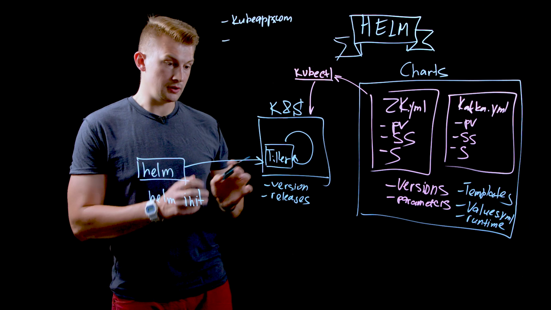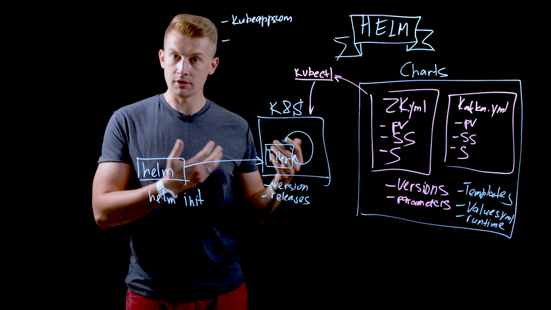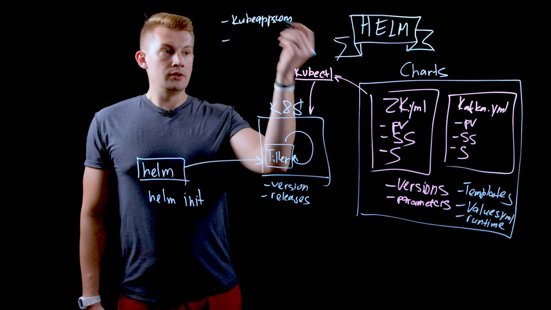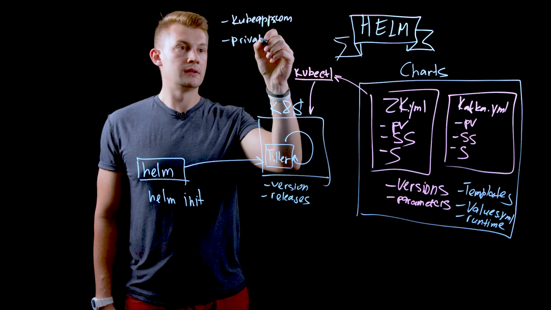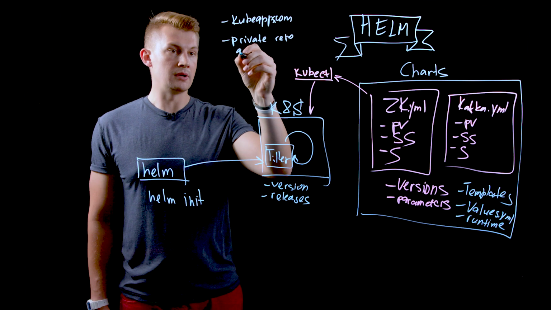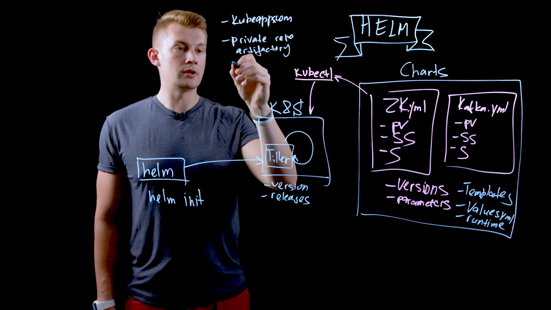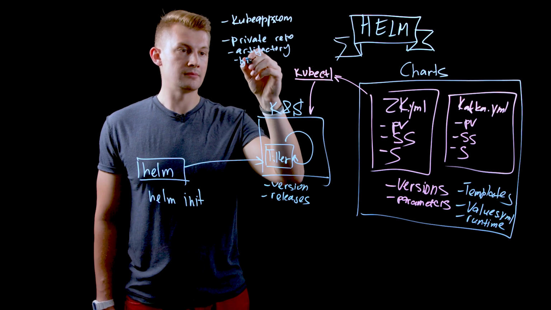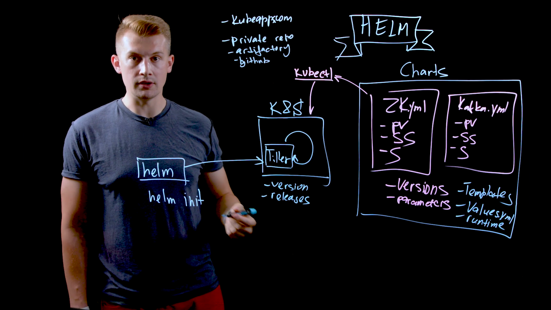You can use it even with a Kubernetes cluster deployed on your computer for local development. Now, you can have a private repository of Helm charts, for example, using Artifactory or using some GitHub pages. You can also host your Helm repository in GitHub.